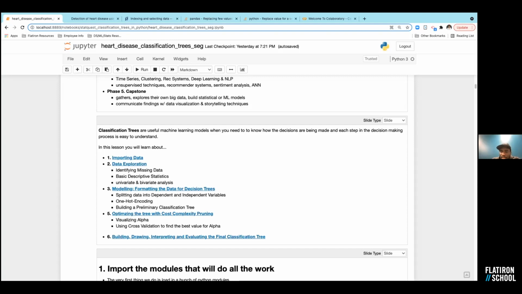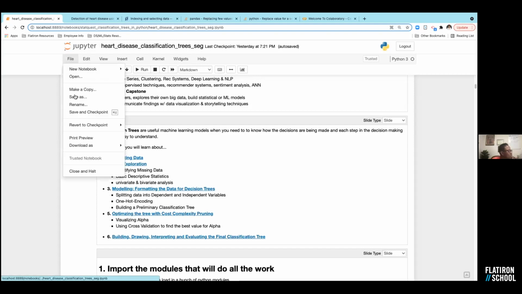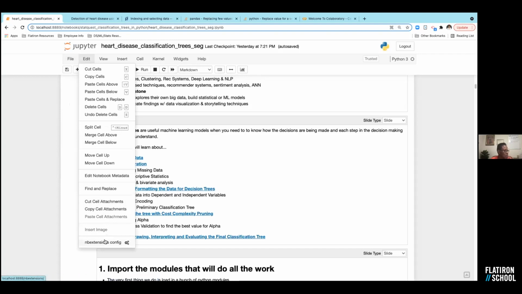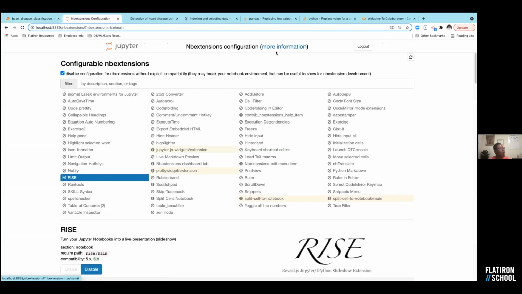Someone asked a good question before we head out: how did you get the slide part to work with the cells? Oh yeah, it's an extension of Jupyter Notebook. Jupyter Notebook has an nbextension. Let me see if I can pull it up here. Yes, so your Jupyter Notebook has all these extensions, and RISE is the one that allows you to convert your notebook to slides.